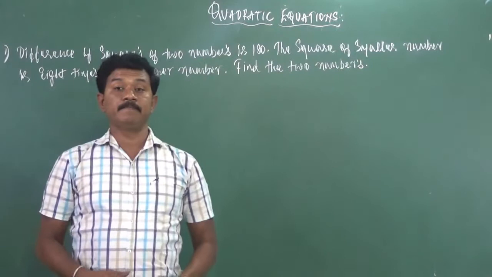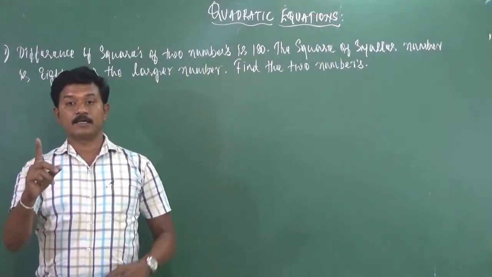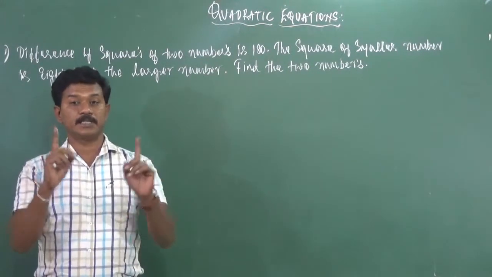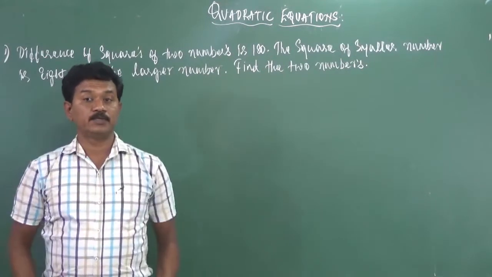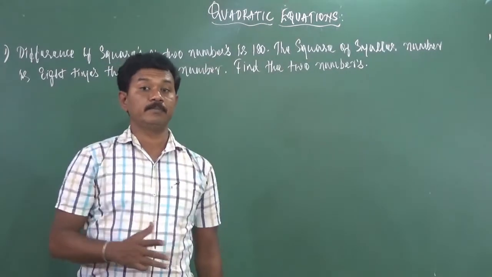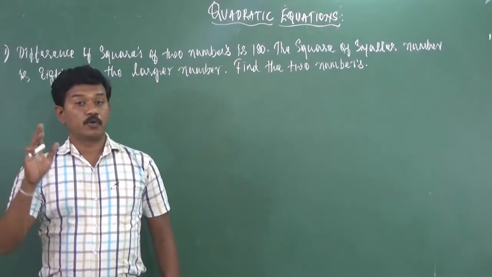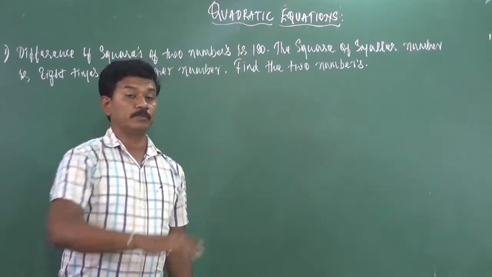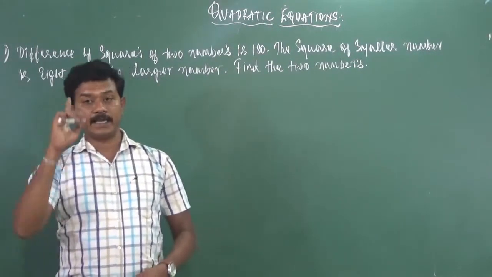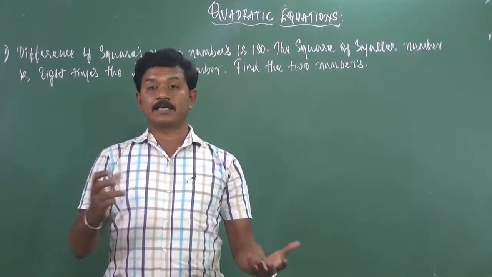But as he has mentioned two numbers, one number should be greater than the second number. Then only we can say that there are two numbers. If they are the same numbers, we cannot call them two numbers. The question would have said so, but the word same is not mentioned here. So let us consider one of the numbers as x, which is greater, and another number as y, which is lesser than x.